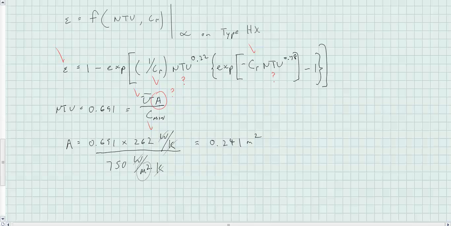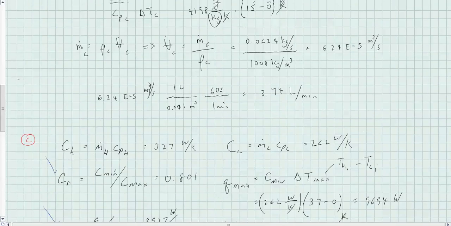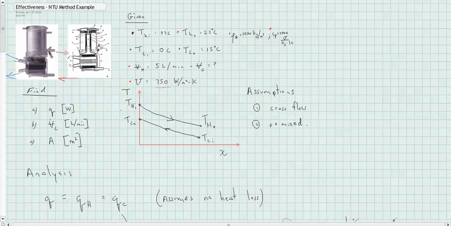So let's review this problem a little bit, because that is the final answer. Let's go up to the top and review a little bit. First, as you attack a problem like this, try to visualize it.